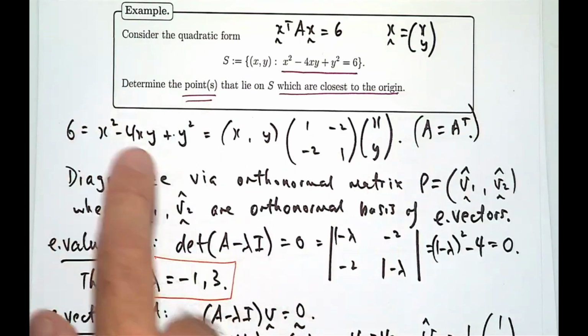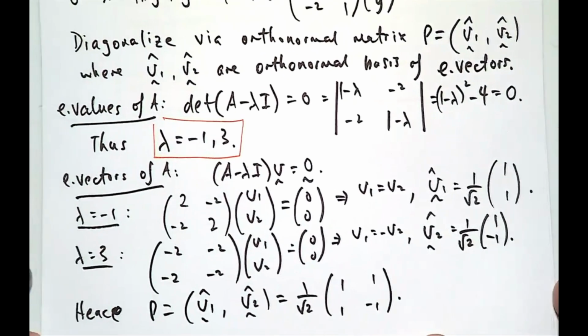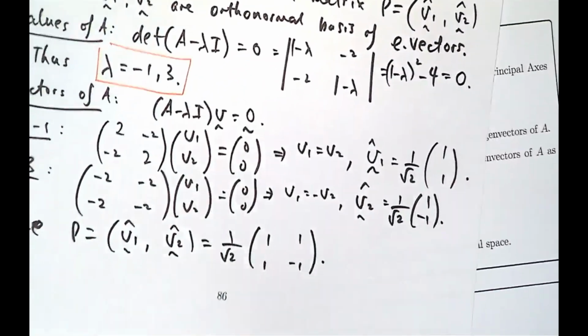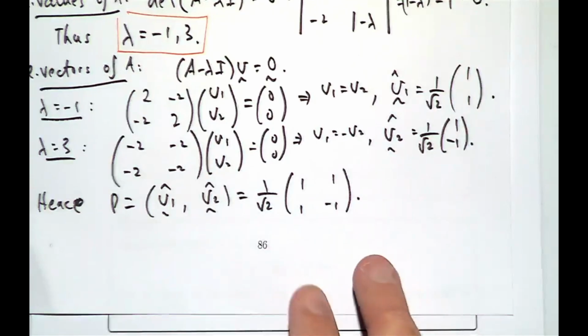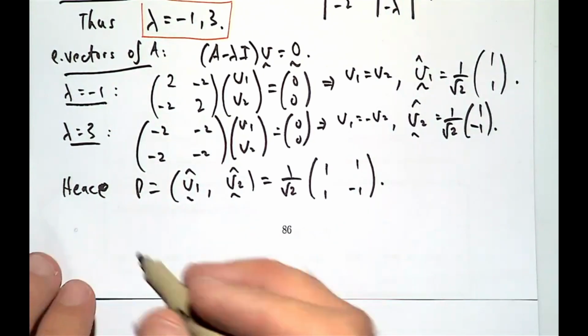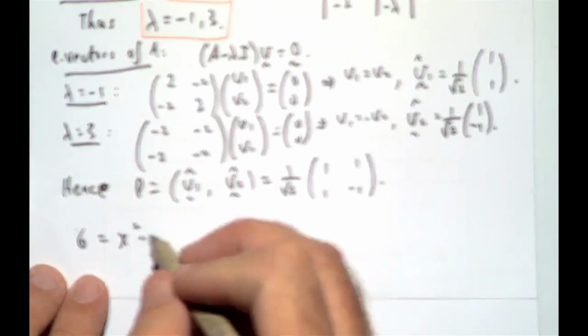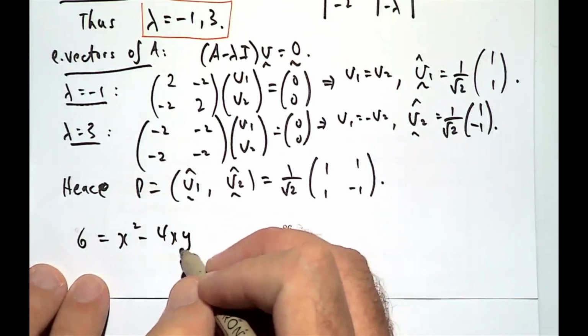Okay, so this is quite interesting. So let me see if I can show you how we do it. So I'll just squish it in down here. All right, so here we go. So this is my original quadratic form.